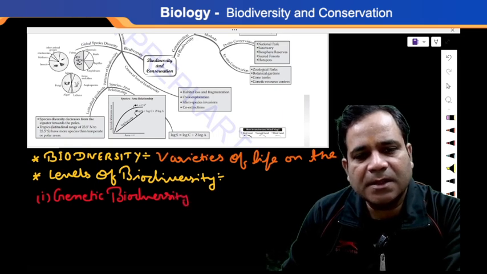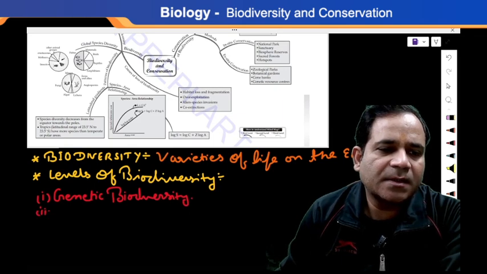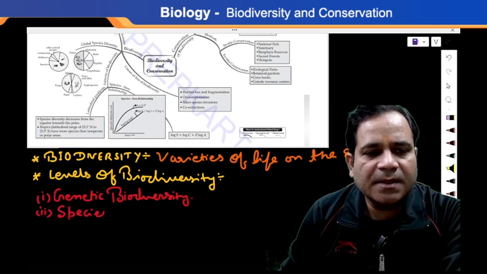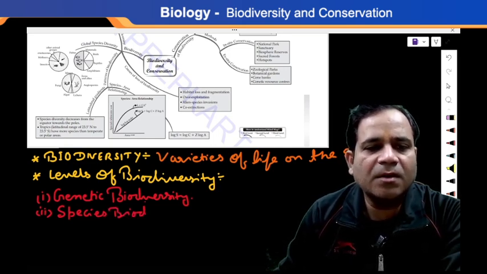Genetic biodiversity. Second one is what? Species biodiversity.